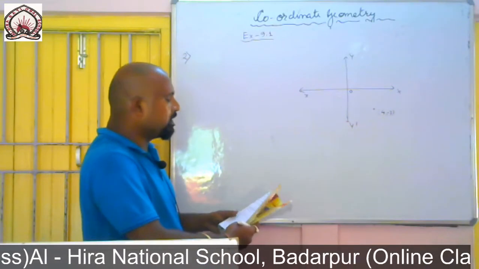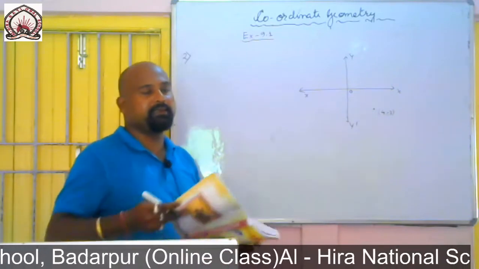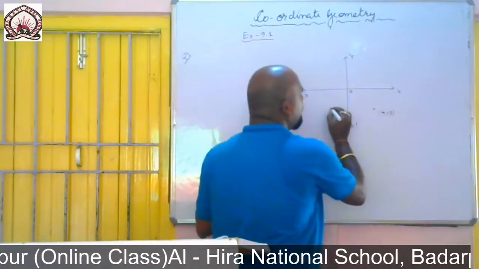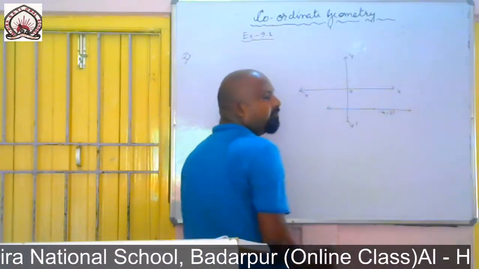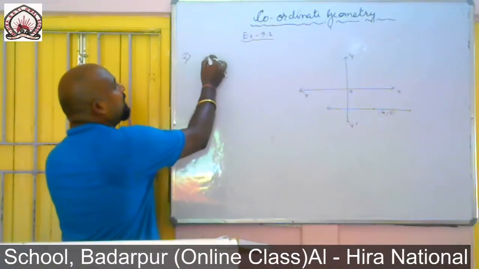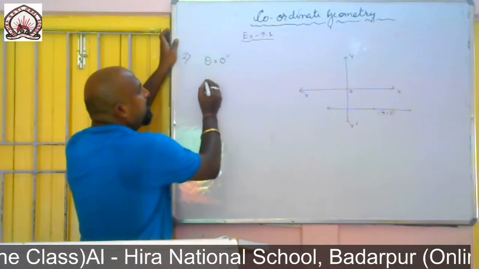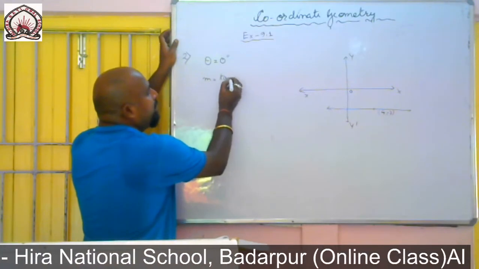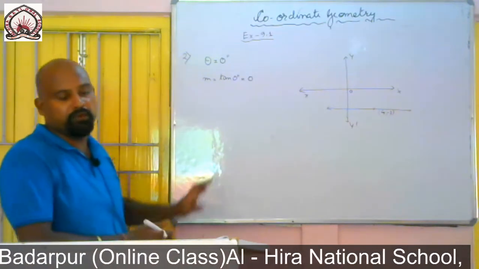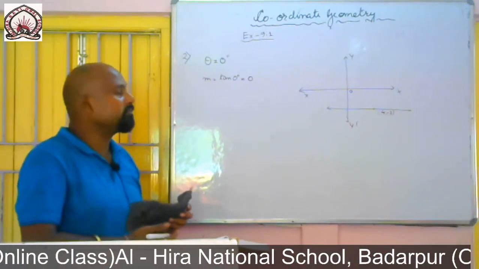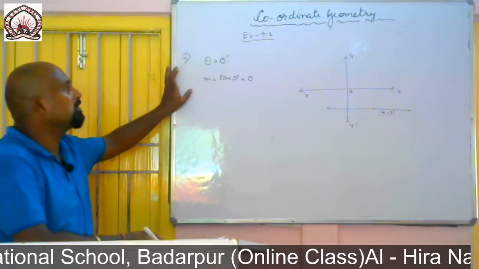A line passes through this point and is parallel to the X axis, so the angle between them is 0 degree. As it is parallel, the angle of inclination is 0 degree. The slope of the line equals tan 0 degree, and tan 0 is 0. This is question number 2 of exercise 9.1.